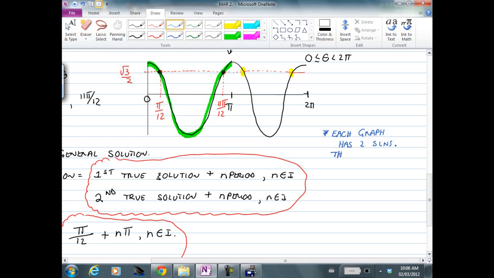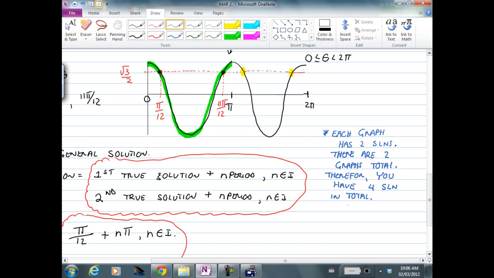There are two graphs total. Therefore, you have four solutions in total.